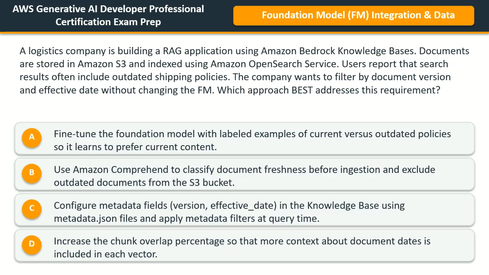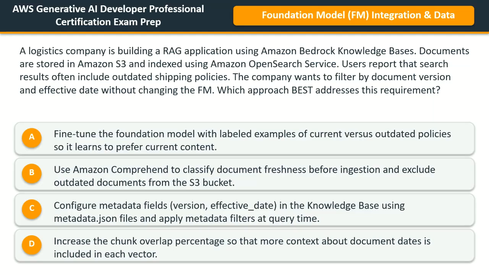At query time, you can apply filters so that only documents that match a certain version, a date range, or any combination of metadata are even eligible to be retrieved. That means outdated policies never reach the model in the first place.